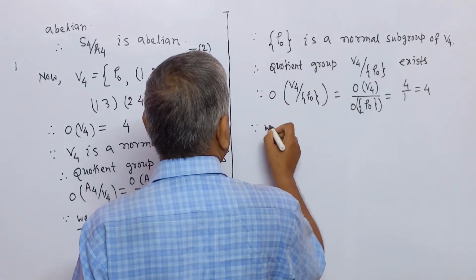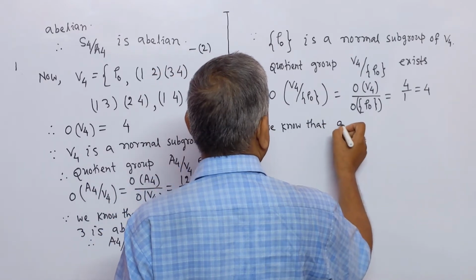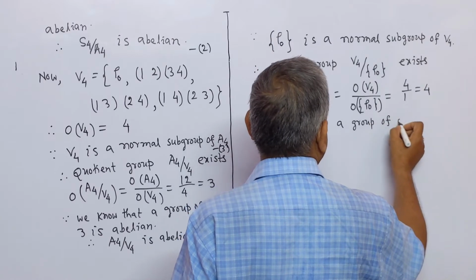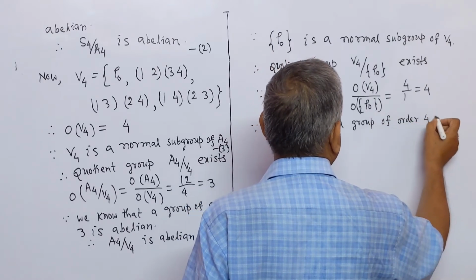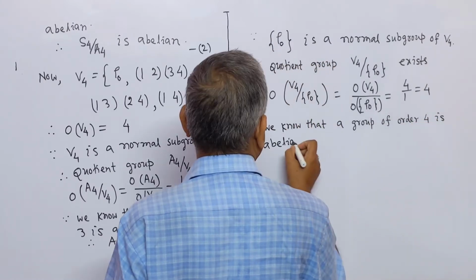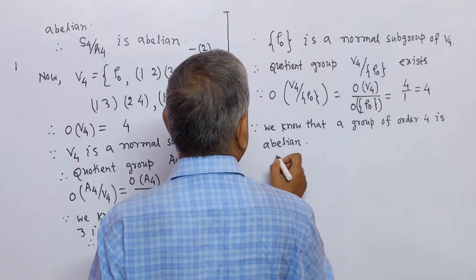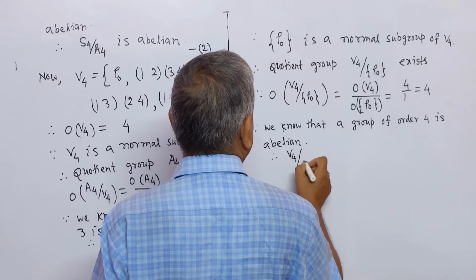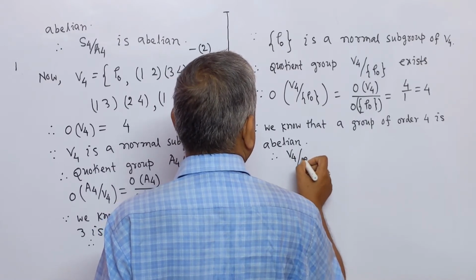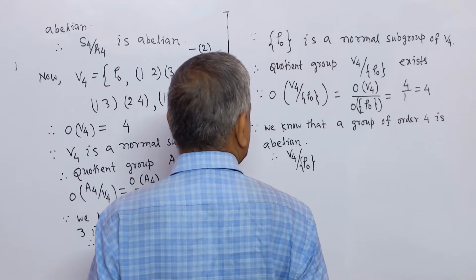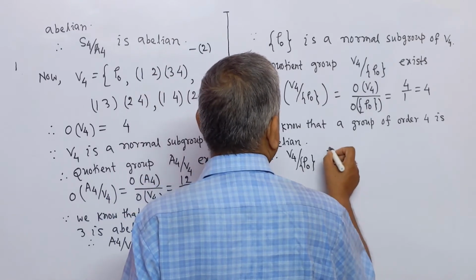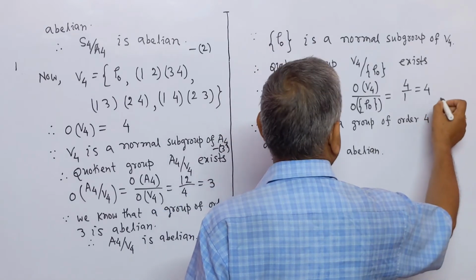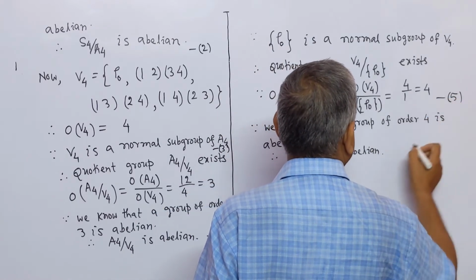Since we know that a group of order 4 is abelian, therefore the quotient group V4 by the set containing only the identity permutation is abelian. This is number 5 and this is number 6.